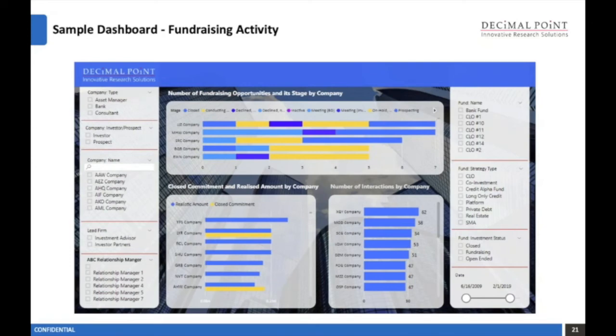And here again, the leadership needs to track at what stages different companies, what meetings are being held, what kind of investment pipeline exists, who is the relationship manager, what kind of business interests are being, what kind of funds are attracting attention, etc.